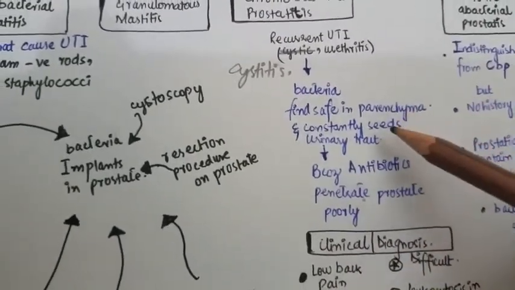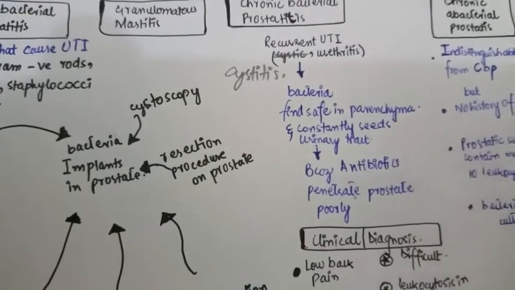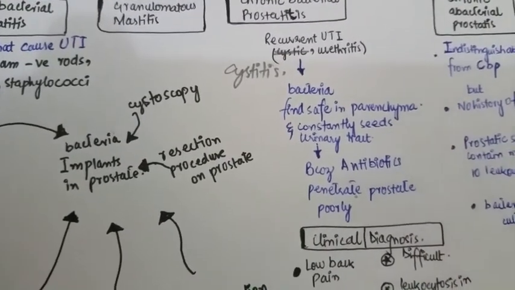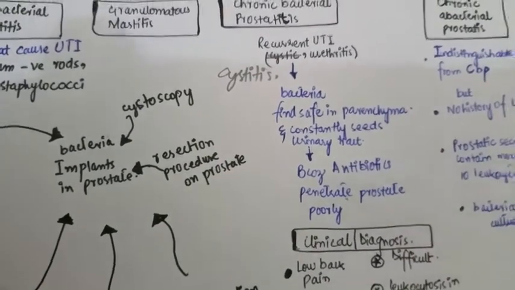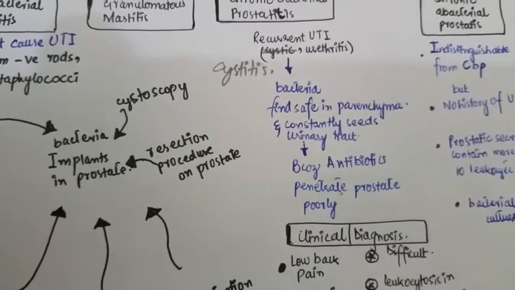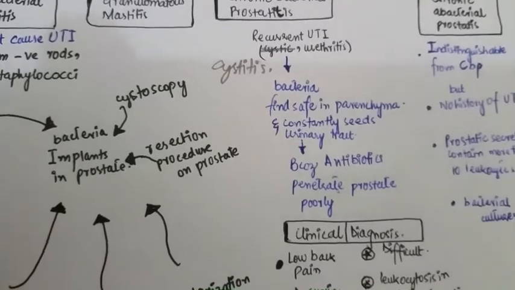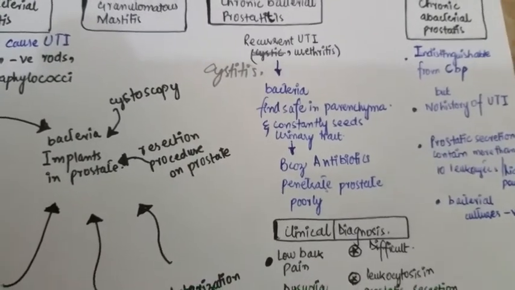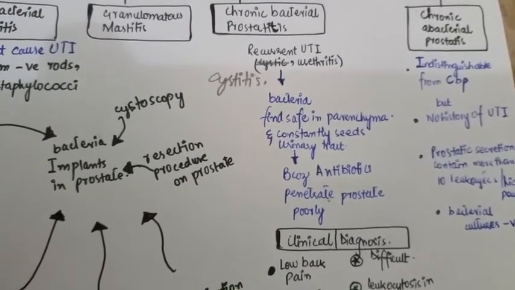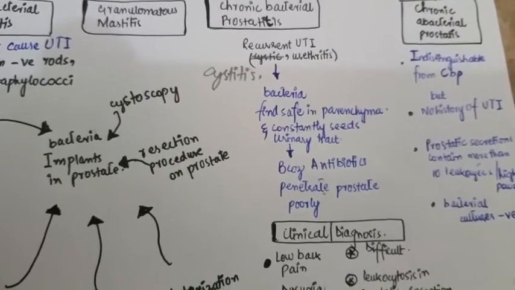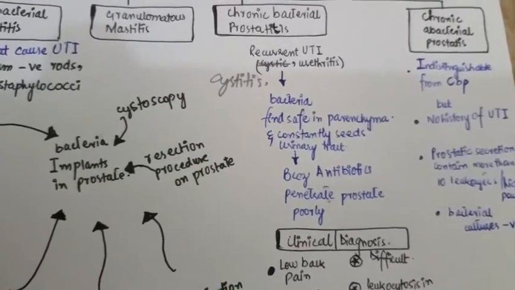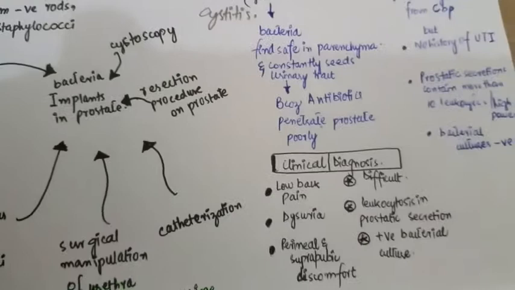Because the bacteria find a safe haven in the parenchyma and constantly seed the urinary tract, because most of the antibiotics can't reach the prostate, or if they are successful in reaching the prostate, they are unable to kill the bacteria because of the high amount of bacteria in the prostate parenchyma.